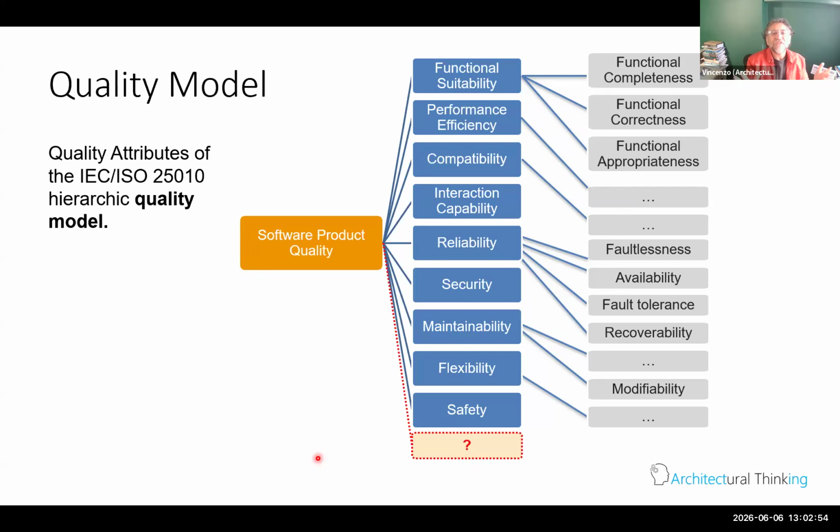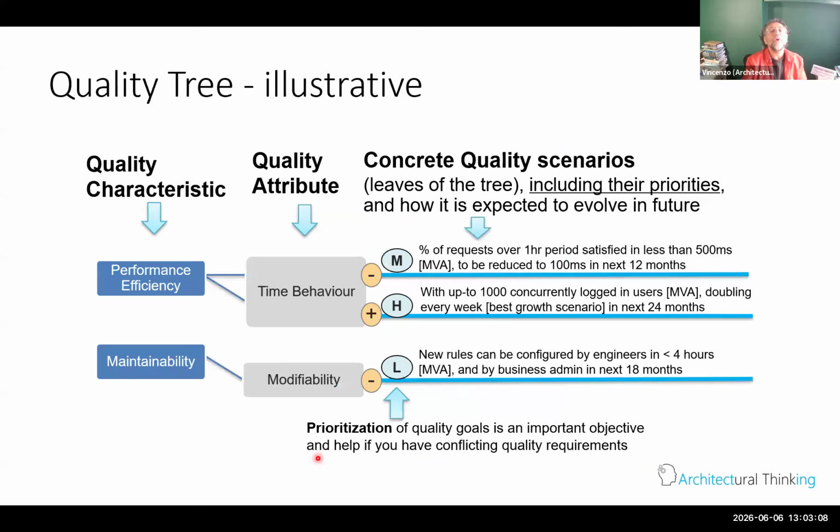But of course, if you just discuss these attributes at this high level, in a kind of fluffy way, it's going to be really hard to see how they will impact the architecture. One of the things that we cover in the course is how we go to the next level of detail, the next level of granularity. So we learn in the course to develop what we call quality trees or concrete quality scenarios.